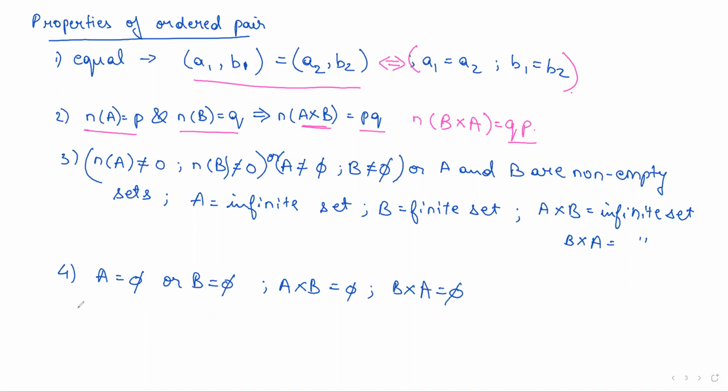That means, for example, if A has 2 elements, 1 and 2, and B has no elements, then there wouldn't be any ordered pair formed, because for an ordered pair you require 2 values. Even if you write the first value, there is nothing for the second value, so you cannot form an ordered pair. Hence you cannot have any elements in A cross B or B cross A.